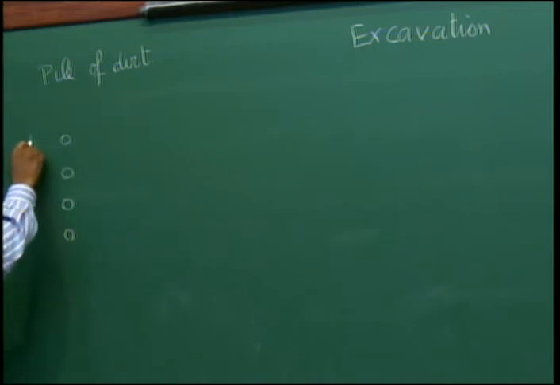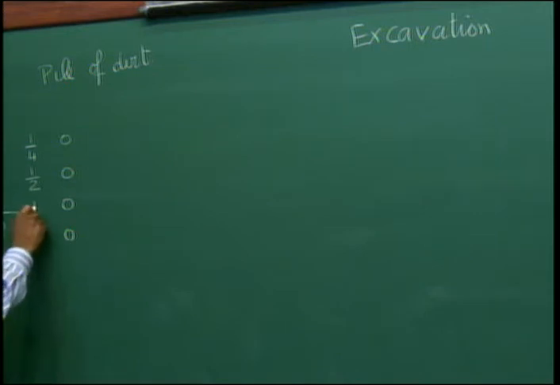This one has mass 1/4. That one has mass 1/2. This one has mass 1/8. And that one has mass 1/8. And if I add up the masses, I get 1.